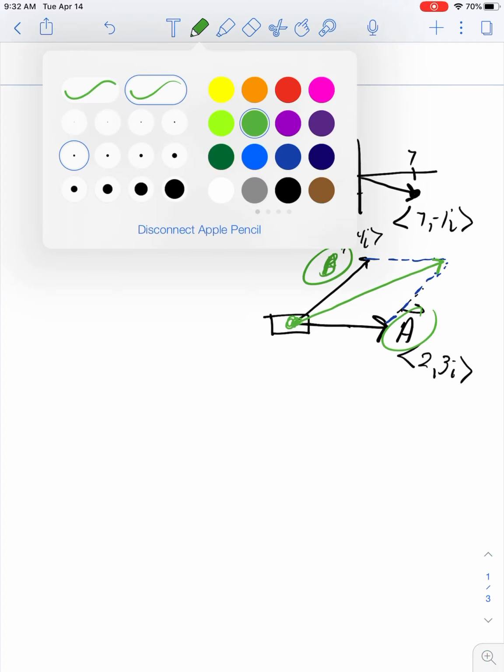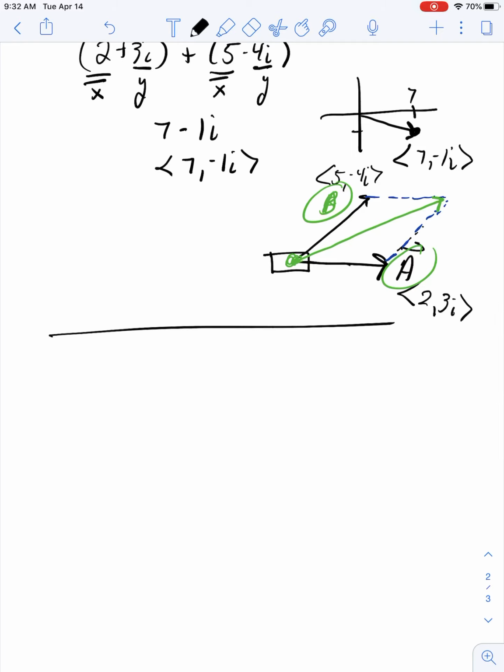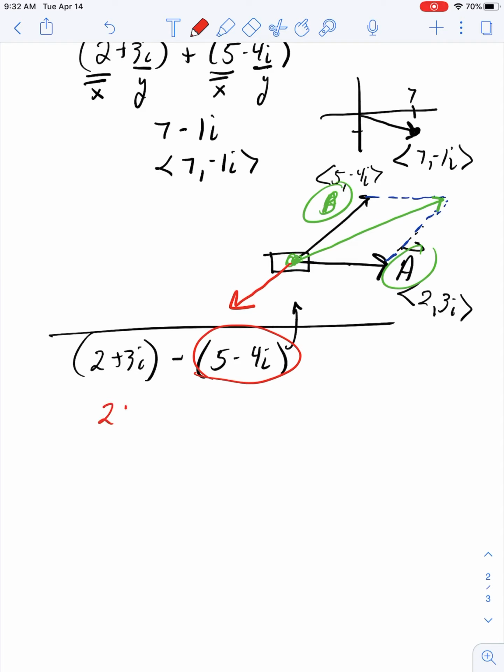Okay, let's do a subtraction one here. So let's take the same thing here and let's say 2 plus 3i, and let's subtract them. Basically, if you come back to this problem up here, it reverses this the other direction. So this component is changed to -5 plus 4i.